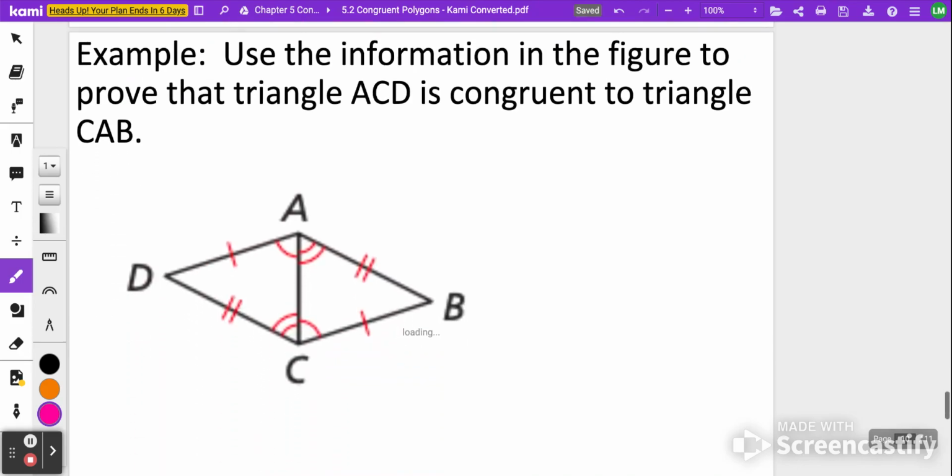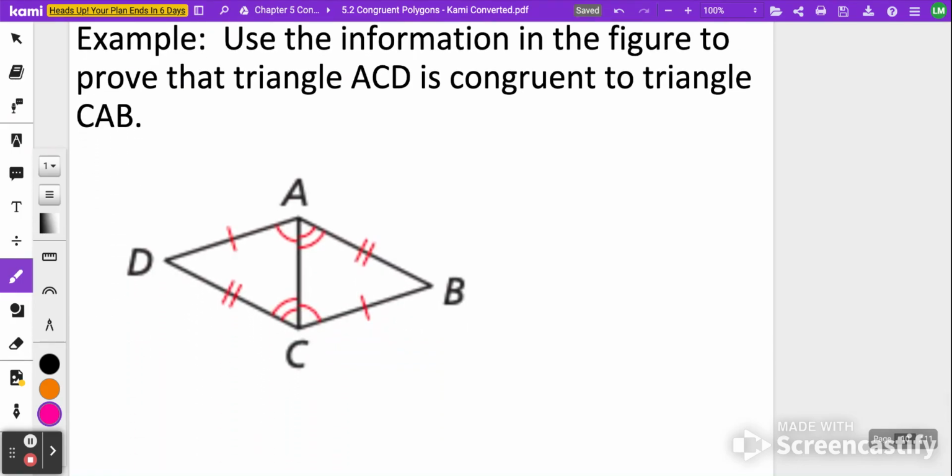Next up, use the information in the figure to prove that ACD is a congruent triangle to CAB. Because we just talked about the reflexive and the symmetric and the transitive properties, it might be beneficial to use those. So my givens are, I know that AB is congruent to CD. I know that AD is congruent to BC.